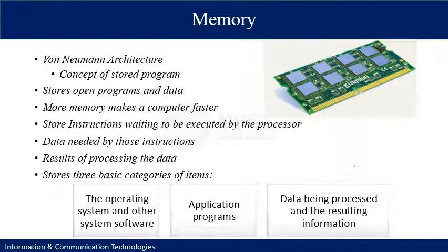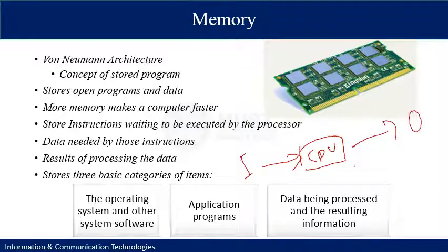If you draw a conceptual diagram, we may have the CPU in the center, we provide it some input and it provides us with the output, and memory is directly linked with the CPU. So this is the concept of the von Neumann architecture.